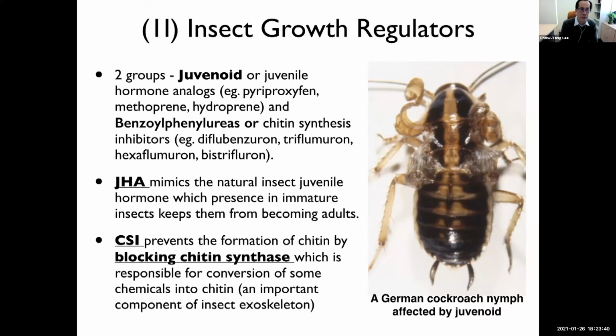On the other hand, you have chitin synthesis inhibitors. These block the function of chitin synthetase, an enzyme responsible for converting some chemical compounds into chitin, and chitin is an important component of the insect exoskeleton.